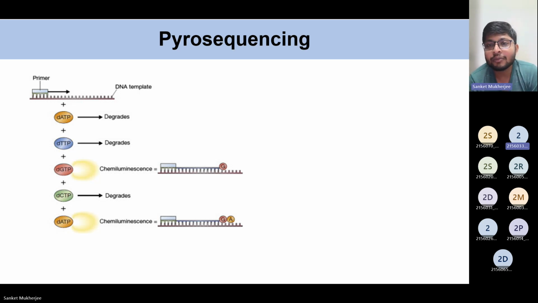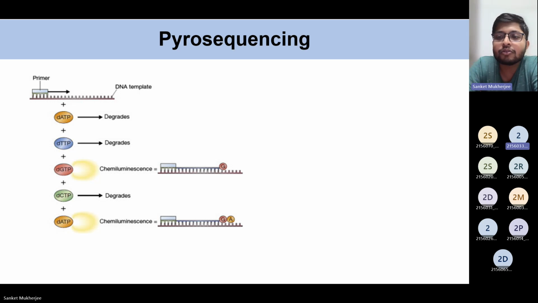What if we have a lot of repeats? A stretch of A's, let's say we have that. What would happen? All the A's will bind together, so the fluorescence signal will increase. Let's say this is the fluorescence for 1 A, this is the fluorescence for 2 A's, this is the fluorescence for 3 A's. From 1 to 2 there will maybe be a 2 times difference, but from 2 to 3 maybe there will not be that much difference, because there is a detection limit also, no?